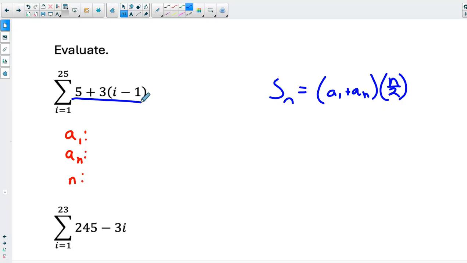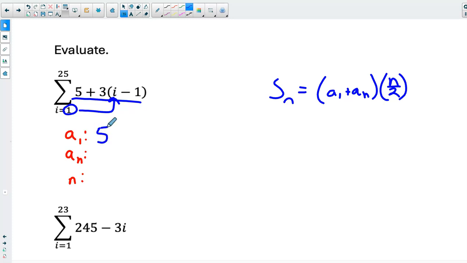But my first term, I just take this 1 and I plug it in right there. I'm not showing any work right now because what's 1 minus 1? What's 3 times 0? So what's left? Well, 0, and then we go plus 5, so we get 5. So I'm just going to have 5 right here.